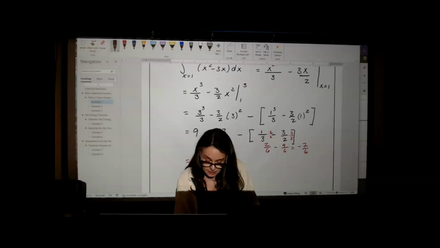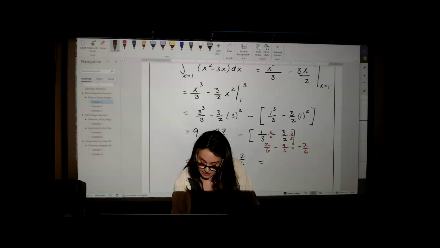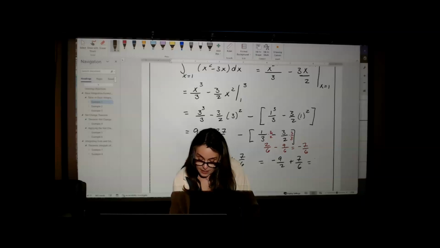And this gives me 9, which is 18 halves, minus 27 halves, plus 7 over 6. This gives me a negative 9 halves plus 7 over 6, which I can rewrite the first one by multiplying by 3 over 3.